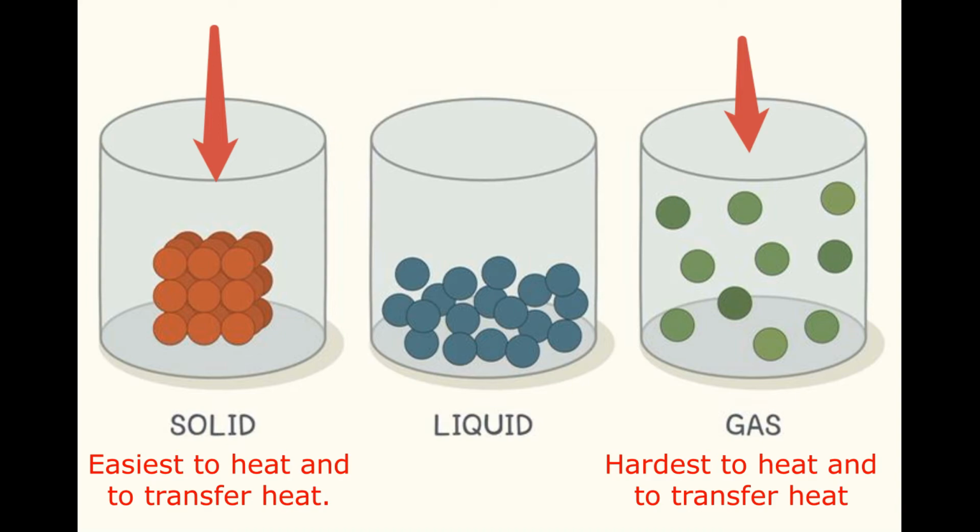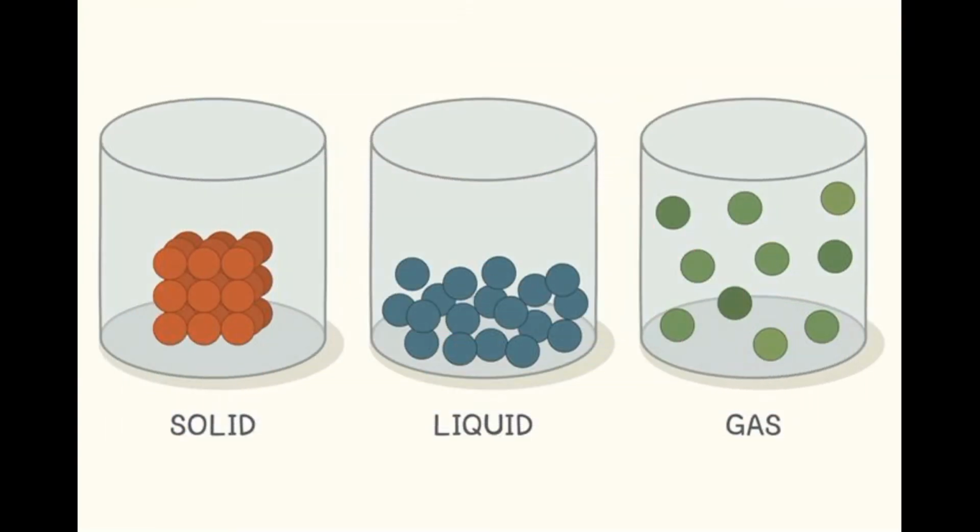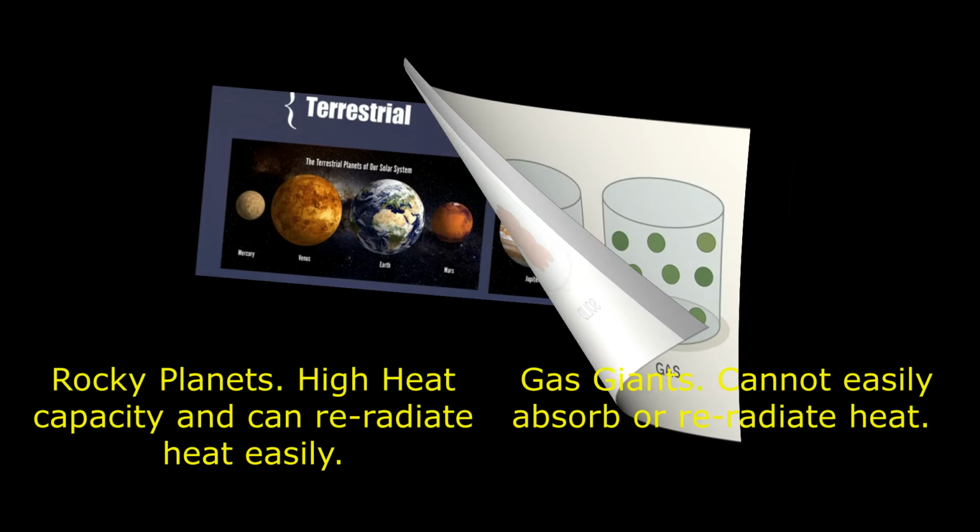Now, liquids, not as good, and gas is the worst because gas is flying around. It's like trying to take two ping pong balls and hitting each other to transfer the heat. So gas has a very low ability to transfer heat, unlike solids such as rock. So again, transferring heat, much easier for a solid, much harder for a gas.